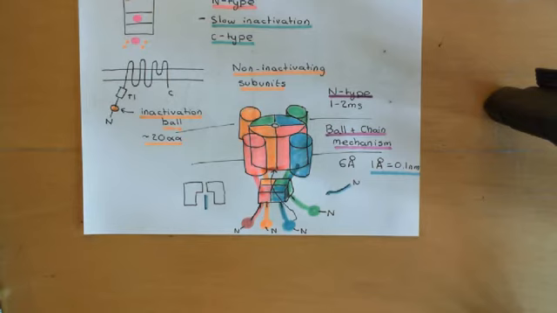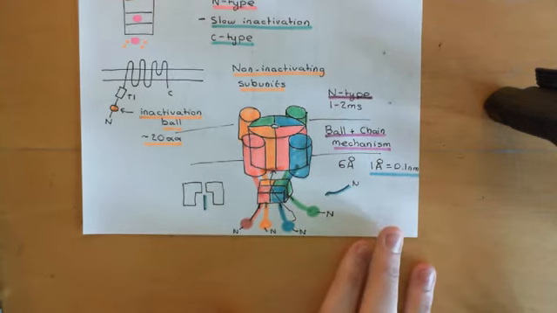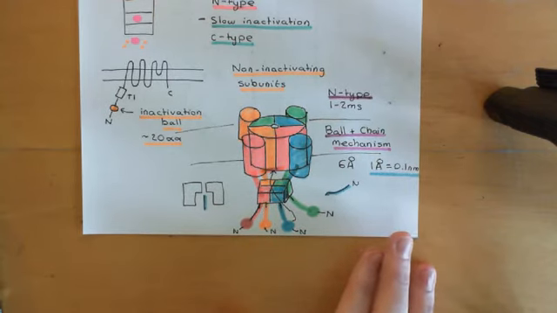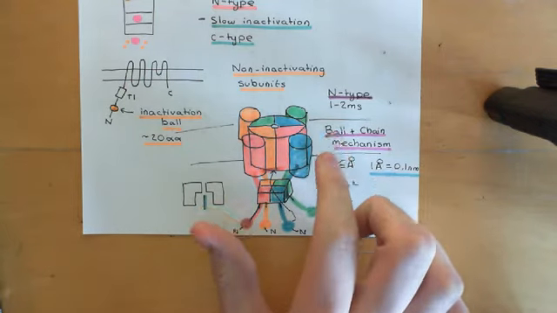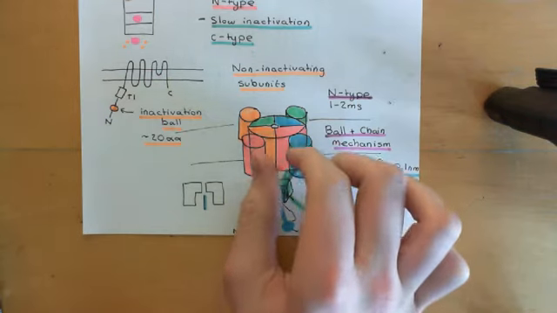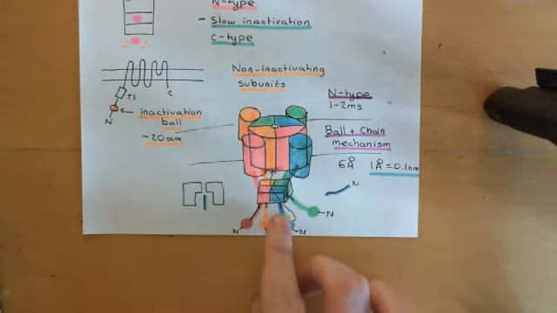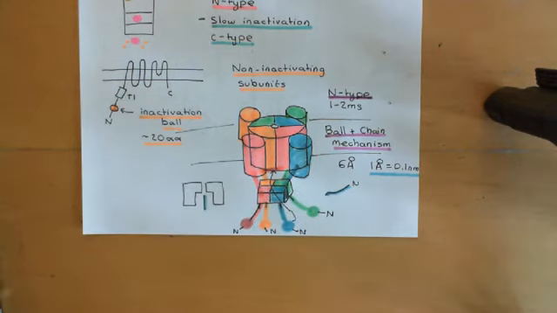Right, so that occurs within a few milliseconds, basically, and in order to reverse this sort of blockade, you have to repolarize the electrical potential difference across the cell membrane. So if you take the electrical potential difference across the cell membrane back to negative 65 millivolts, that ends up pulling the inactivation ball out of the internal aspect of the pore.